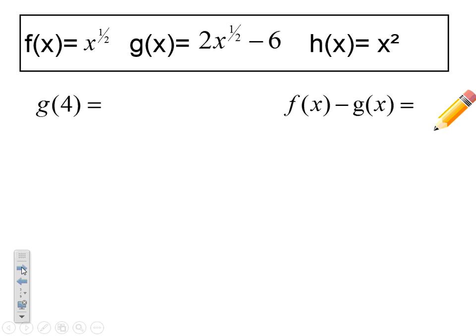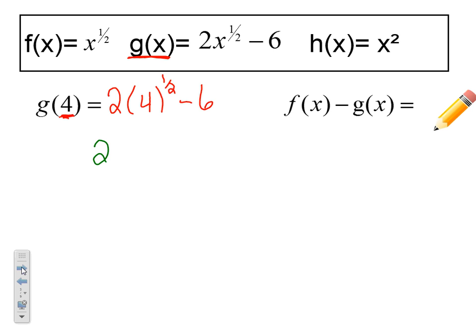Alright, here we're going to do some examples. When I say g of 4, I'm going to look at this function named g of x, and I'm going to plug in 4 wherever there's an x. So this is going to equal 2 times 4 to the 1/2 minus 6. Now it's going to be helpful for us to remember that 1/2 power is the same as taking the square root.